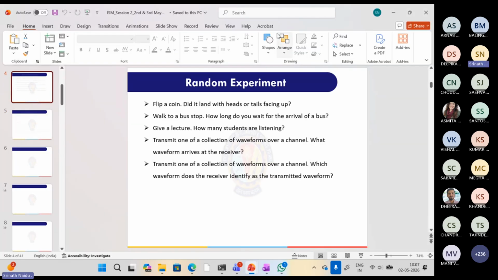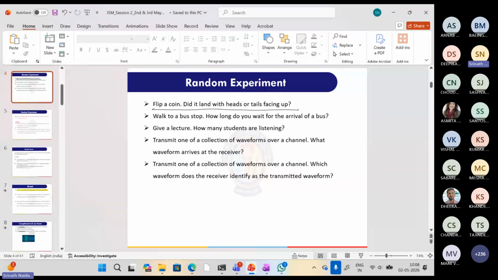So what is this notion of a random experiment? Let's talk about the notion of a random experiment. A random experiment is something like this. Suppose you flip a coin. Did it land with heads or tails facing up? Now here you have a coin.